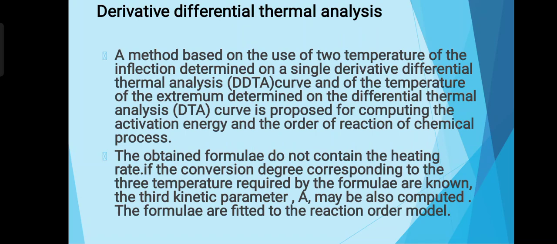The obtained formulas do not contain the heating rate. If the conversion degrees corresponding to the three temperatures required by the formula are known, the third kinetic parameter may also be computed. The formulas are fitted to the reaction order model.